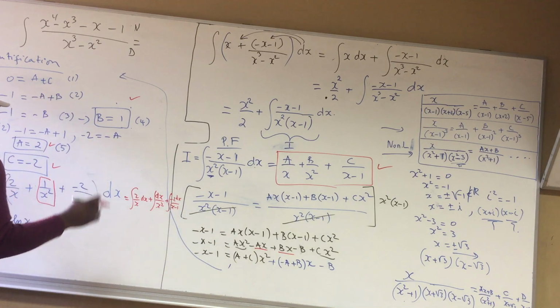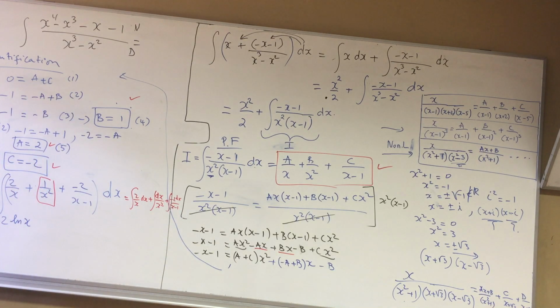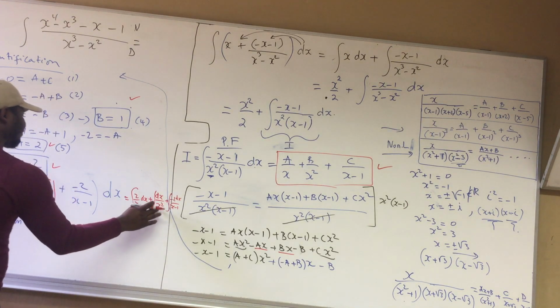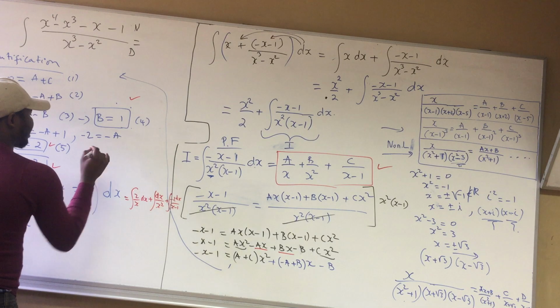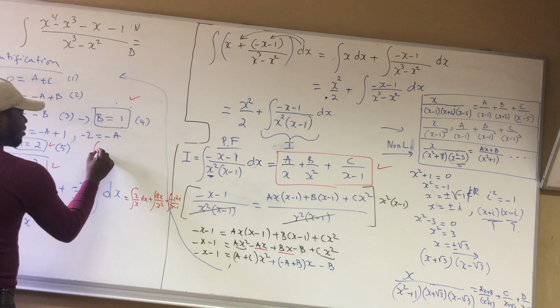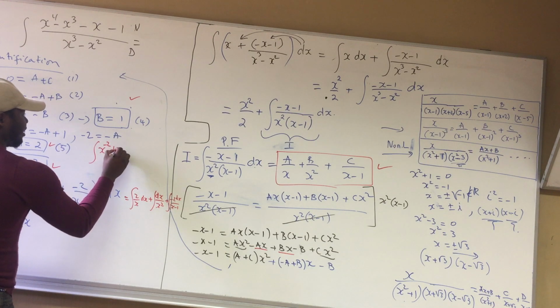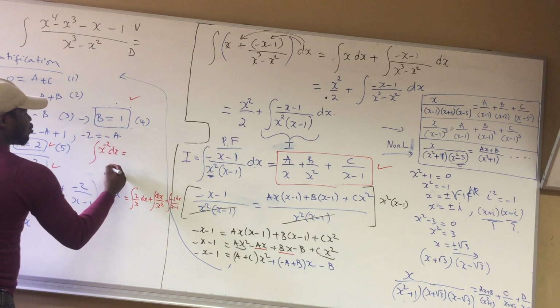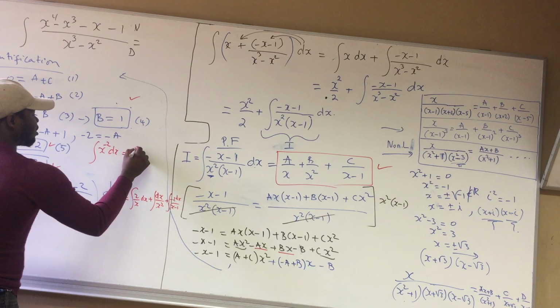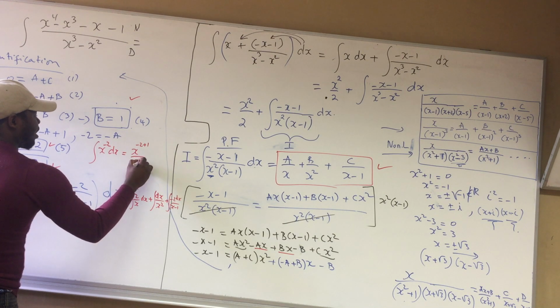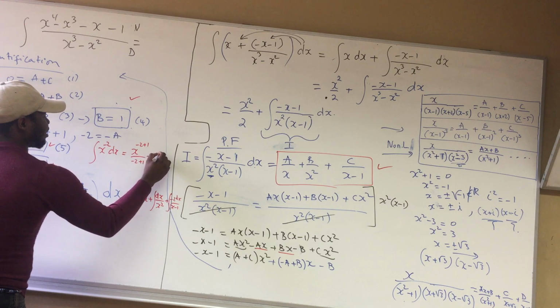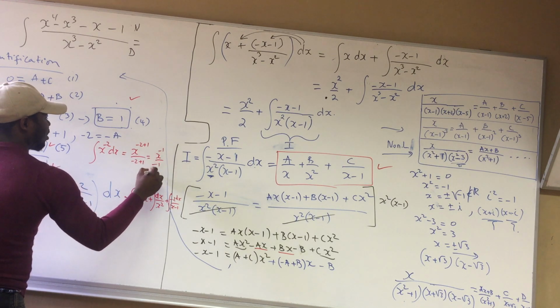So this one directly gives you 2 ln of x, and this one you have to write as x to the power minus 2 dx. So you use your power rules. It's going to give you x to the power minus 2 plus 1 over minus 2 plus 1, which is x to the power minus 1 over minus 1.